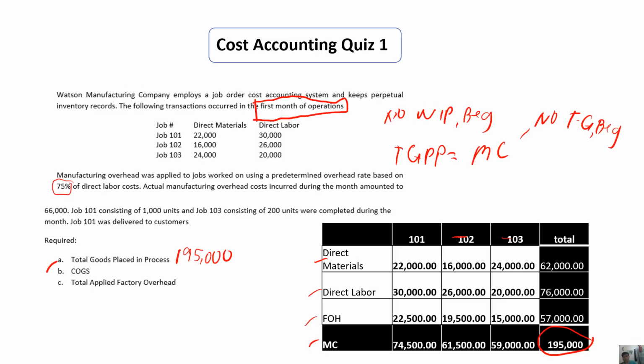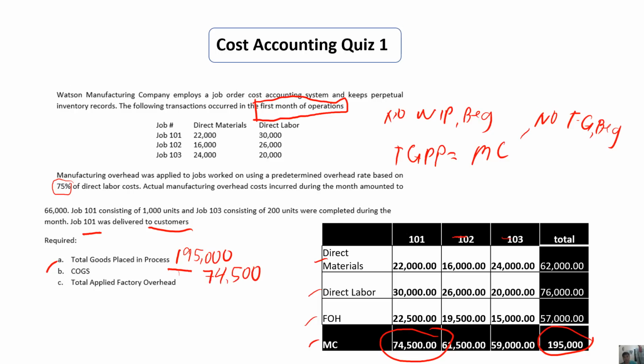So based on the statement ng problem, only job 101 was delivered to customer. So dahil job 101 lang yung na-deliver sa customer, yung cost related to job 101, that will be part of our cost of goods sold. So sa case natin, magkano ba ang manufacturing cost ng job 101? We have 74,500. So that amount will be our cost of goods sold. So lagay natin dyan, 74,500.